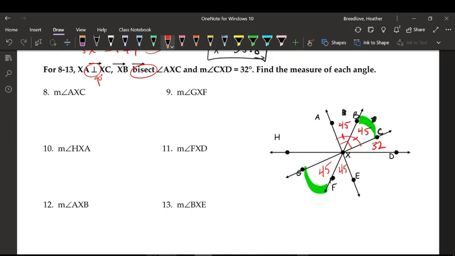And then, does the 32 have a vertical angle? Yeah. That one is vertical here with HG. That's not a proper way of naming it, but I did. All right. And then it looks like this angle is also going to be vertical with this one, but I don't know what it is yet.